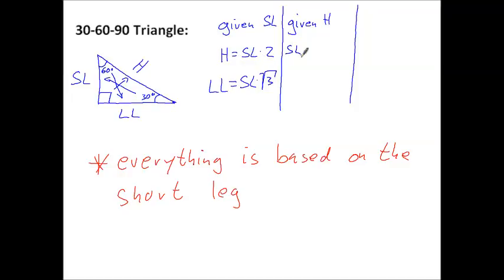Then the short leg, and remember, everything is based on the short leg, is equal to the hypotenuse divided by 2. And once we have the short leg, we can again go ahead and find our long leg, which is still equal to the short leg times the square root of 3.